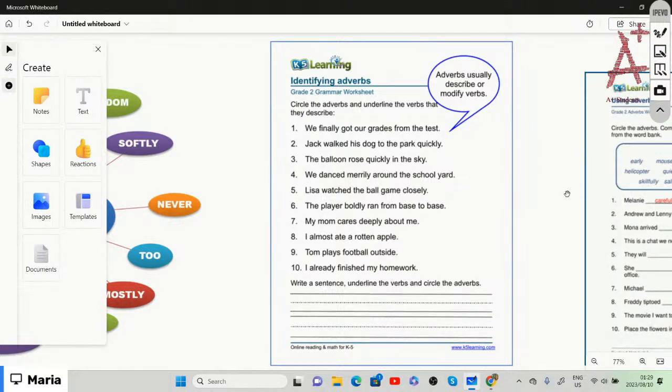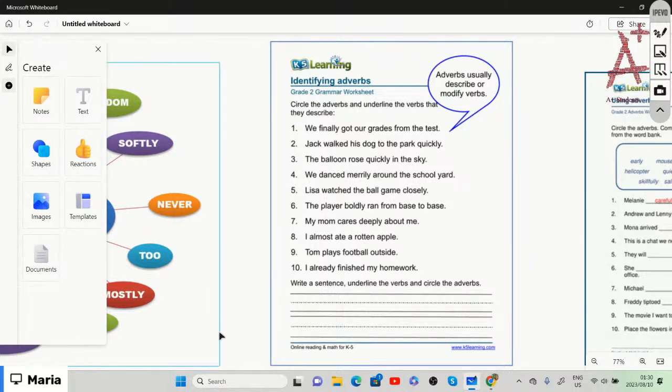Right? So now, if we look at the first one, number one says, we finally got our grades from the test. We got our grades, we got our marks from the test, right?